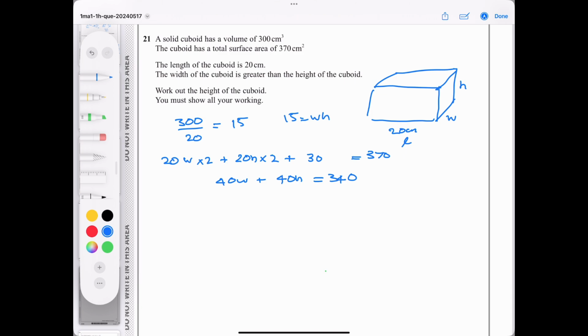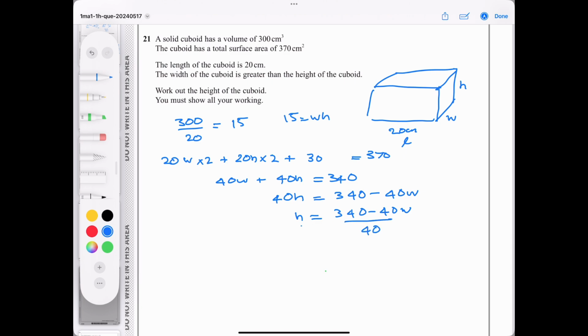So let's find H in terms of W. 40H equals 340 minus 40W, so H equals 340 minus 40W divided by 40.